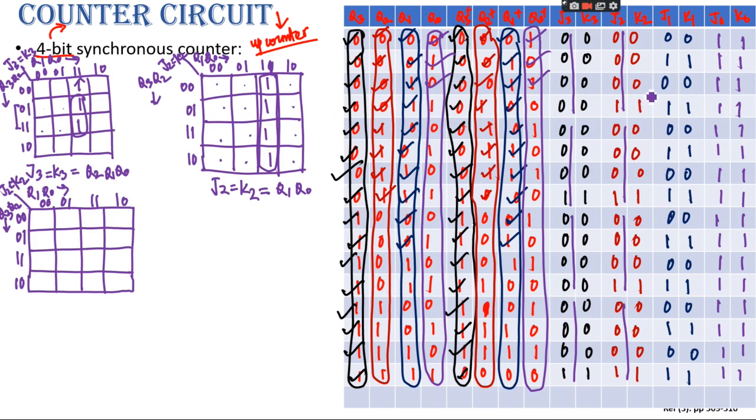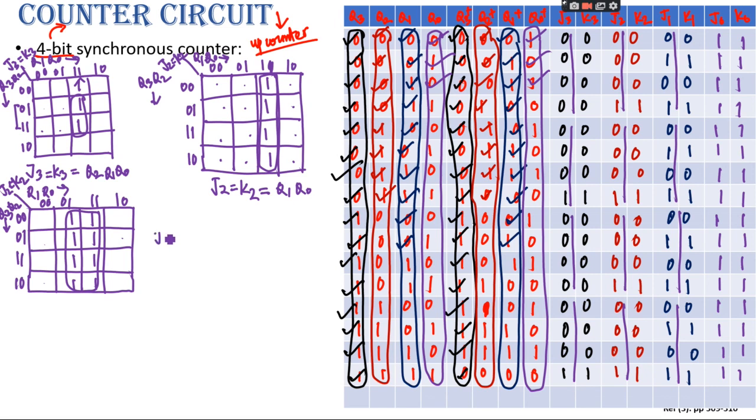So now here 0 1 0 1, then again 0 1 0 1, then again 0 1 0 1, and finally 0 1 0 1. So how can we combine them? We can take these 8 ones in a group.